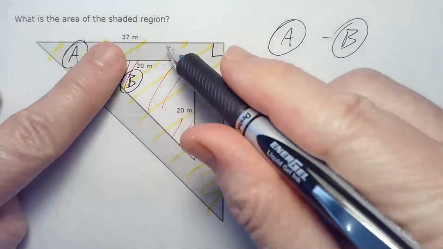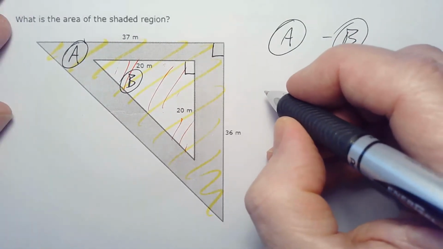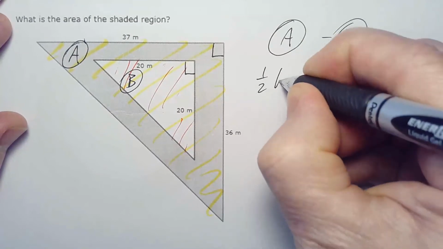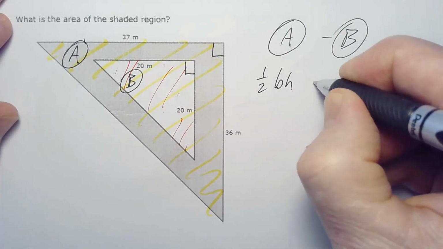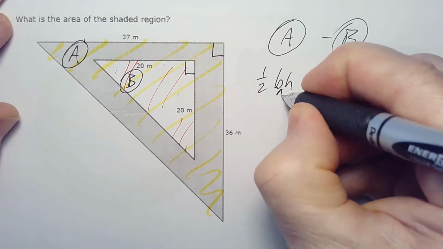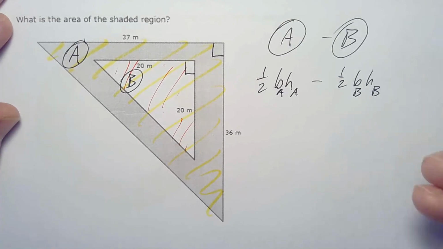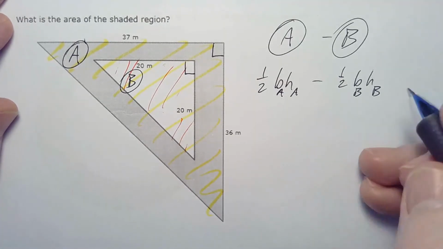Again, A is just 37, 36, right? So we would have just the formula of 1/2 base times height, minus 1/2 base times height. Now again, this is base of A, height of A. This is base of B, height of B, right? Just so we don't think they're all the same number.